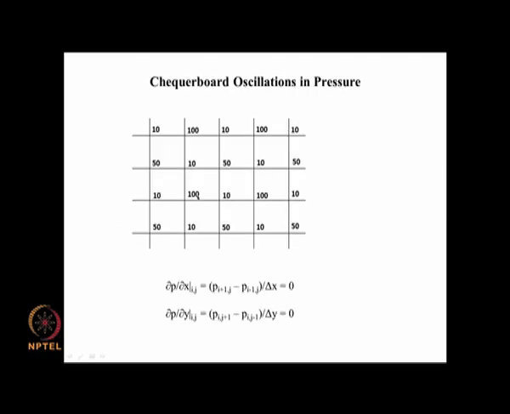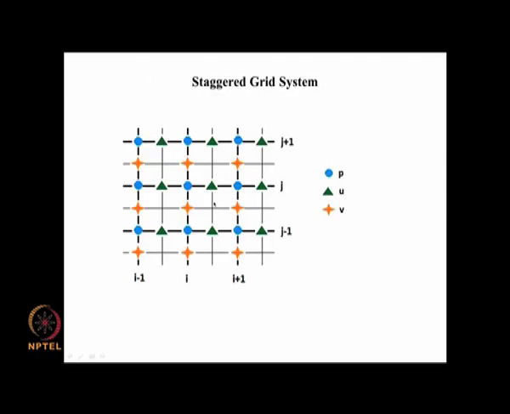So, as in this example here, you have 100 here and 10 here, then the pressure gradient is not 0 because the pressure gradient is 100 minus 10 divided by this distance. So, that will be minus 90 by this delta x, and the pressure gradient at this point will be 10 minus 100 divided by delta x here.